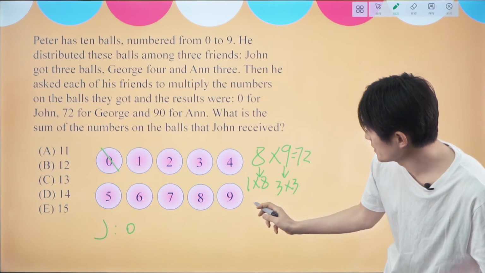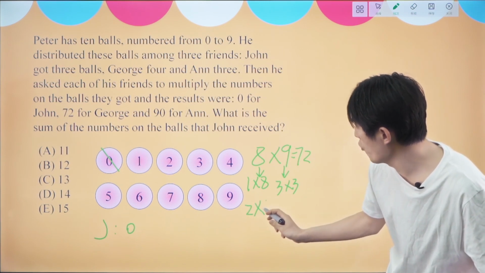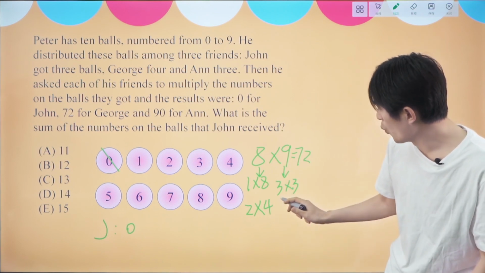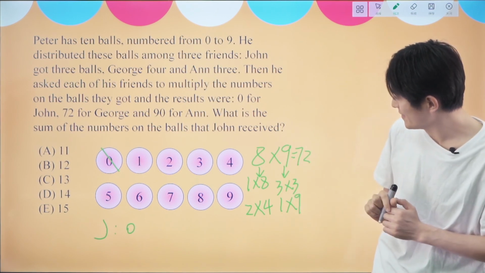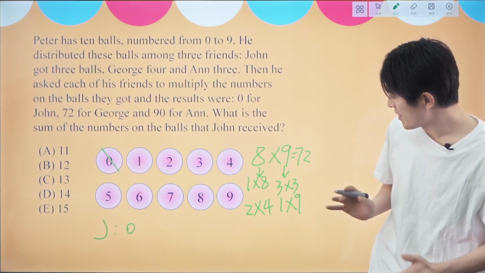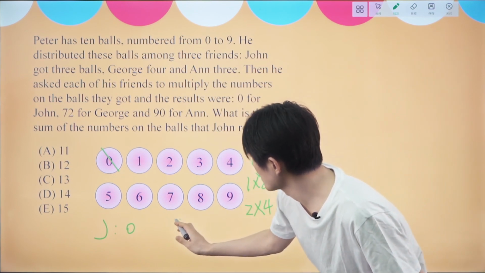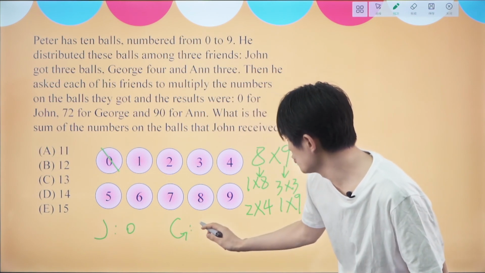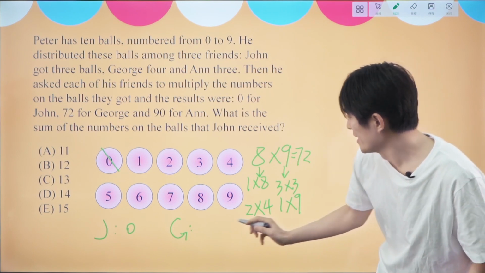So we try this. 2 times 4 is 8, and then 1 times 9 is 9. So this means that George will have 2, 4, 1, 9.